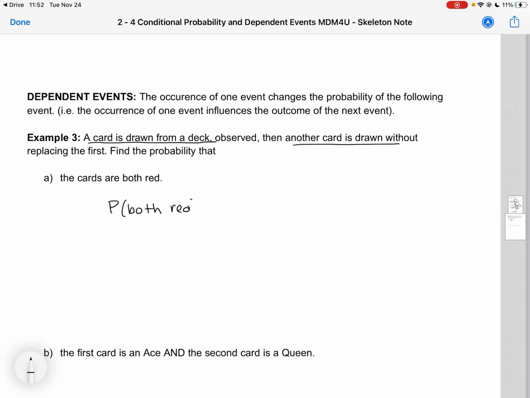So the probability that they are both red is going to be multiplying the probability that you get a red card on the first draw times the probability that you get a red card on the second draw. On the first draw, half of the cards in the deck are red, so you've got 26 possibilities out of 52 cards. Now on your second one, because you haven't replaced your first card, you only have 51 cards to choose from.